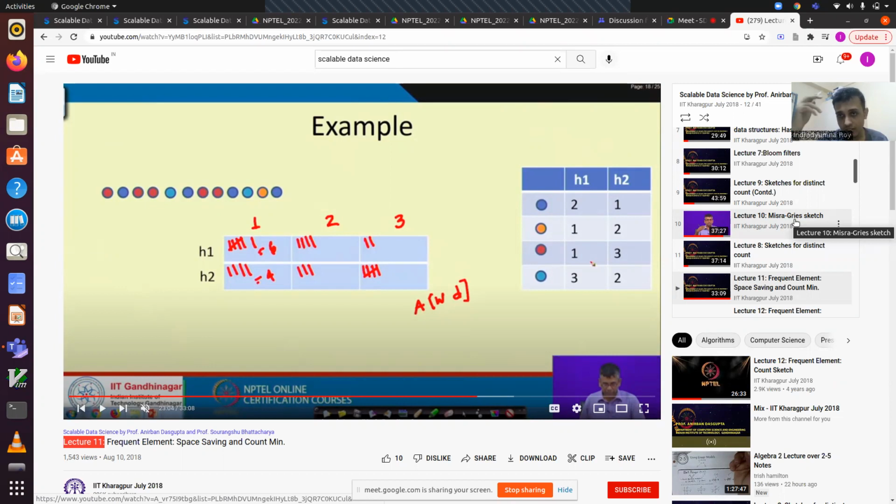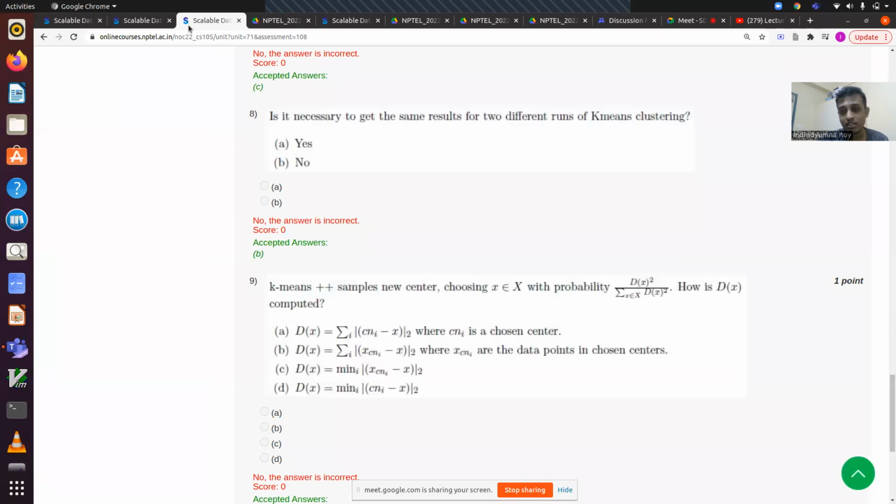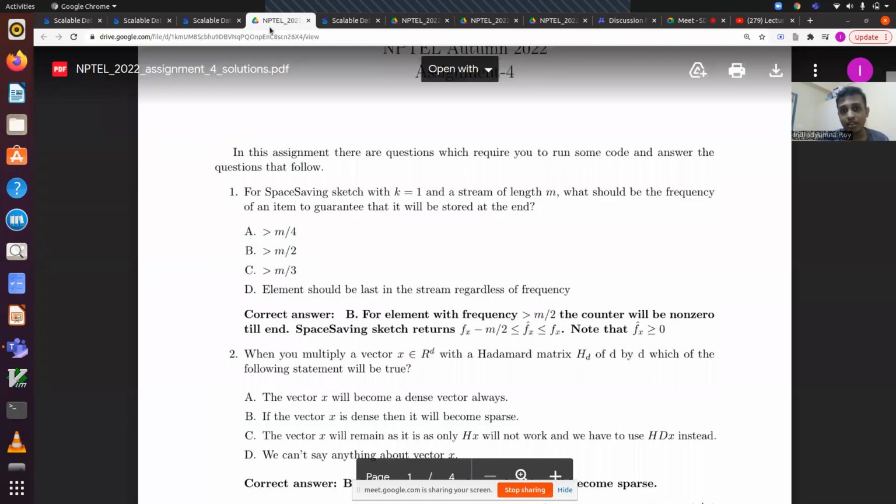Okay, MG Sketch. So what is Moore's algorithm? You remember that there is a single counter, and every time you encounter the same element, you increase it by +1, and every time you encounter a different element, you reduce it by -1. Yes, sir, I did it earlier.